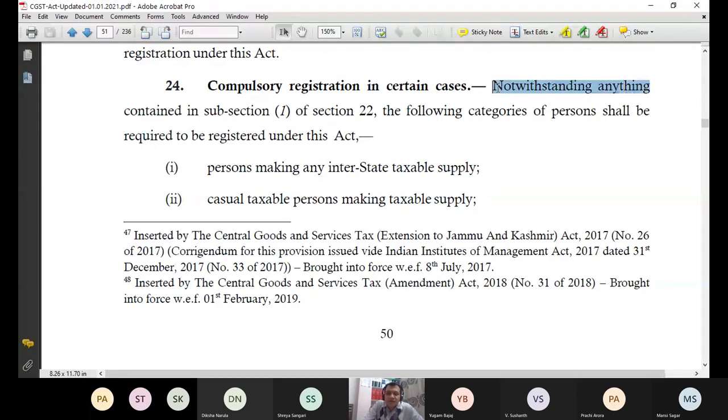Now it says, notwithstanding anything contained in subsection 1 of section 22. What is section 22 subsection 1? It talks about those aggregate turnover limits. So that means in the following cases, it does not matter what your aggregate turnover is. Even if your aggregate turnover is only 100 rupees, only 50 rupees, only 1000 rupees, still the following category of persons shall be required to be registered under this Act.